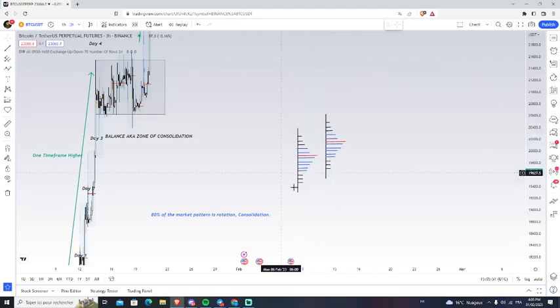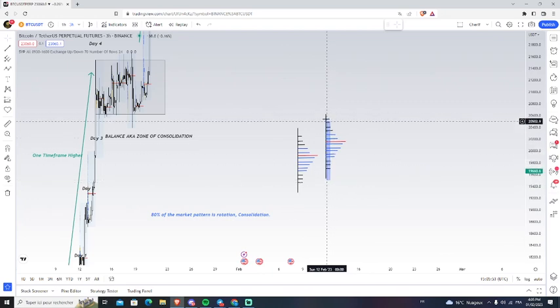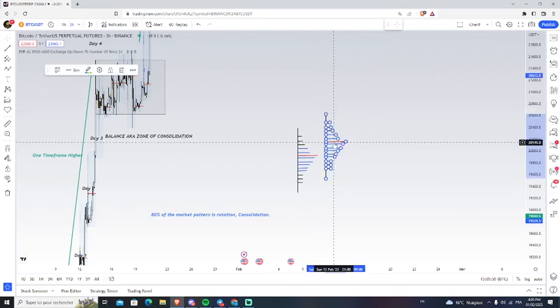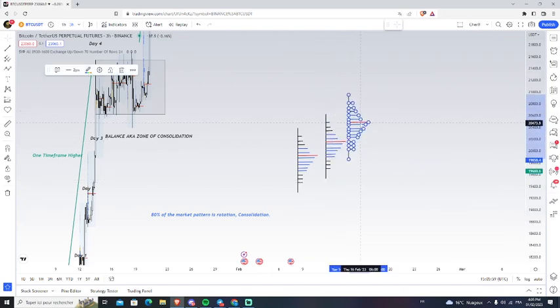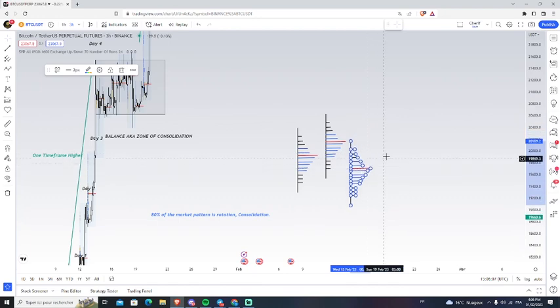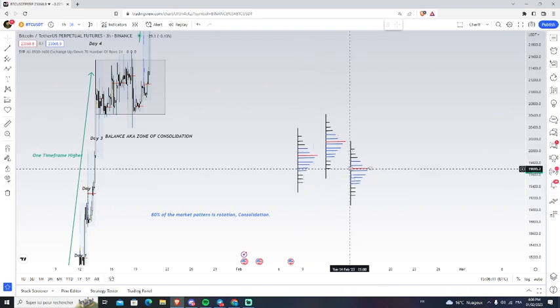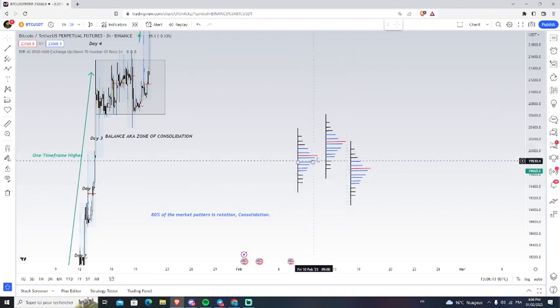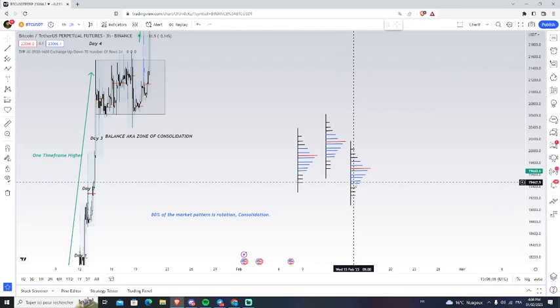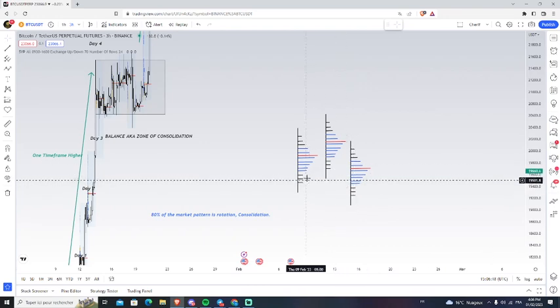You will wait for the third day to see if we are going to continue to the upside, which means that we have a one time framing higher. But if you don't see that, and you see on the third day that the market went down, we know that right here there is no direction and we are consolidating, because for 3 days we haven't picked a direction, neither to the upside or to the downside.